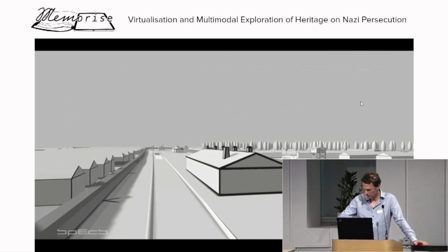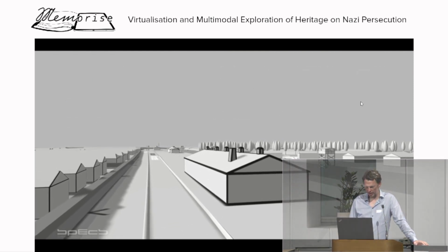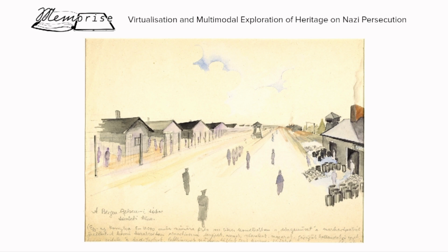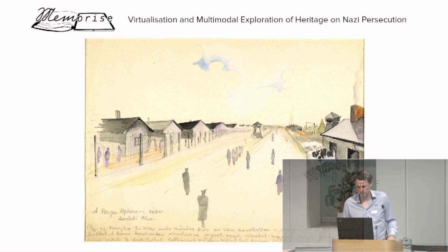Okay, so we can see here now the entrance to where the people were imprisoned. And the idea of MEMORISE is not just to create new models, because at the end they won't really change a lot, but we want to somehow connect what we already have, or our plan is to fill these models with life, so to say.